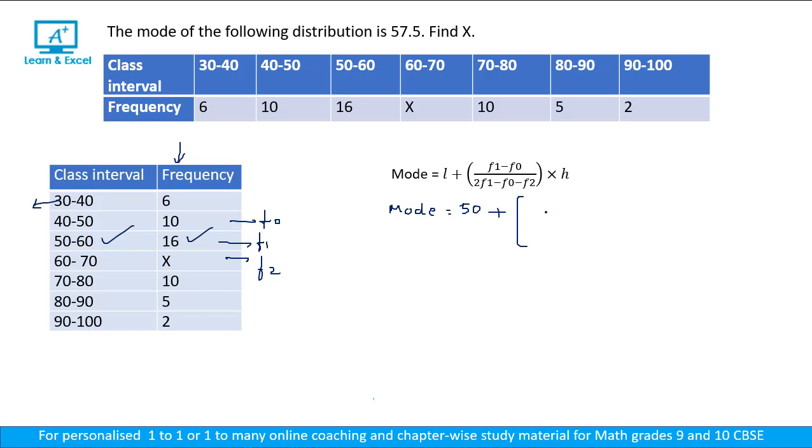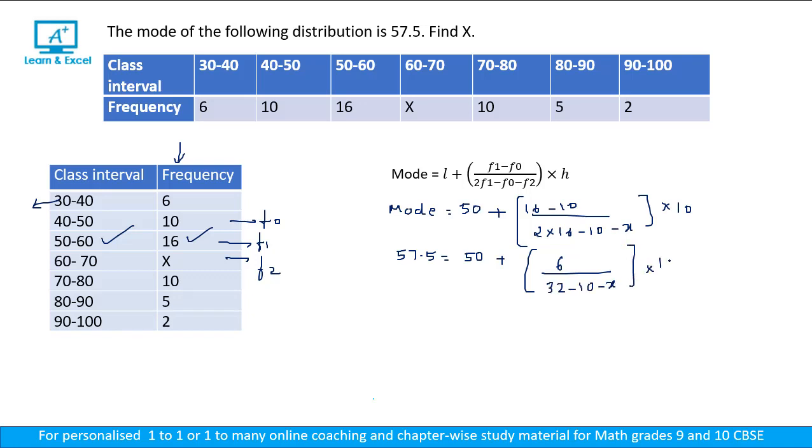Now substituting, we get 50 plus 16 minus 10 upon 2 into 16 minus 10 minus x into 10. Mode is already given to us as 57.5. So this will be 6 upon 32 minus 10 minus x into 10.